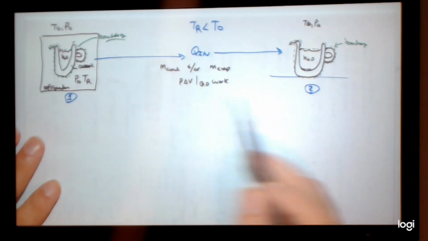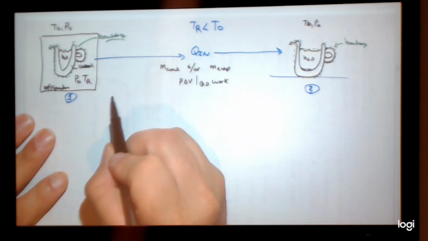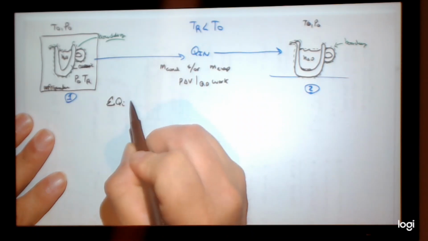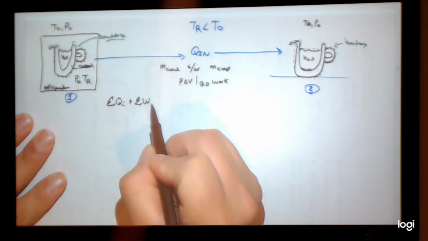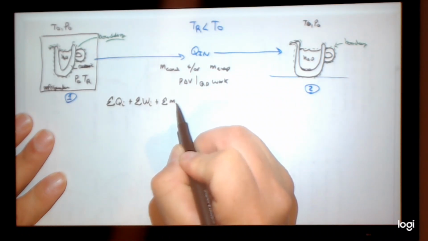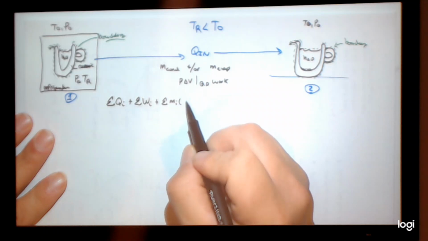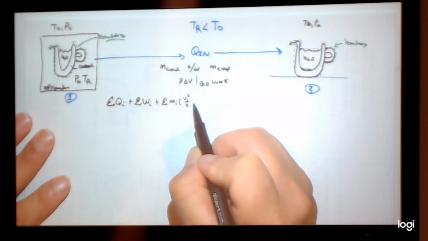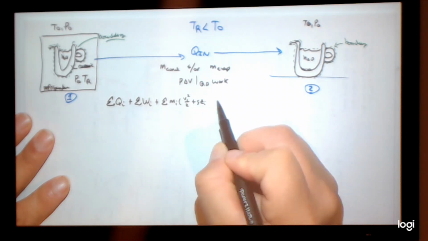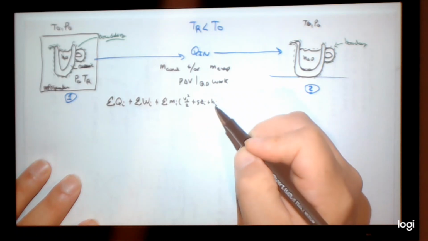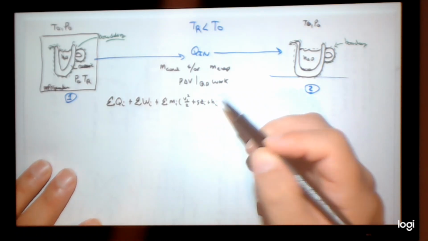So let's just do a general energy balance for the problem. The sum of all the forms of heat in, plus the sum of all the forms of work in, plus the sums of all the forms of masses in, and each mass has a corresponding kinetic energy, potential energy, and then some internal, temperature, pressure energy encompassed into the specific enthalpy, okay?